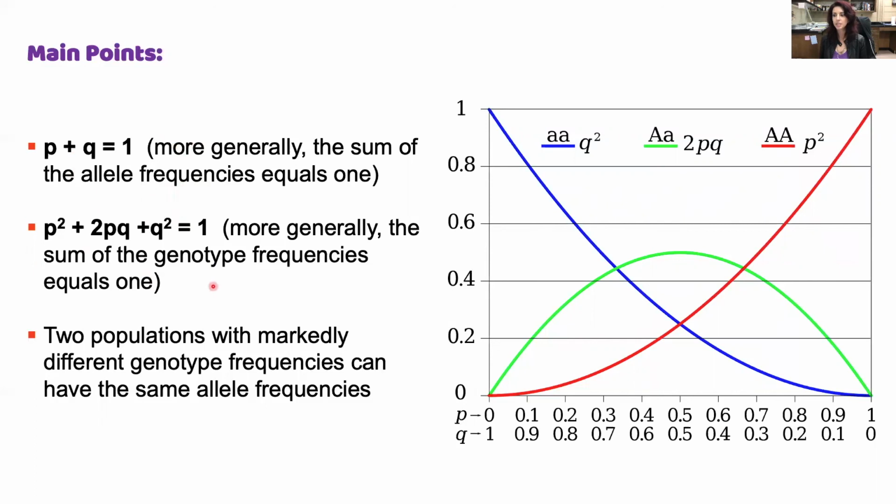Here we're dealing with genotype frequencies. Okay, make sure you remember and understand the differences and the distinctiveness between the allele frequency and the genotype frequency. And two populations with markedly different genotype frequencies can have the same allele frequencies.